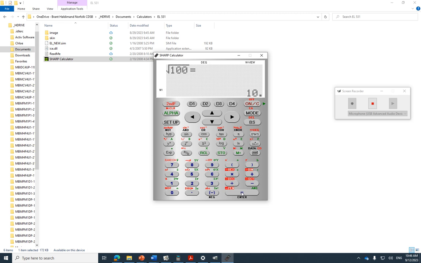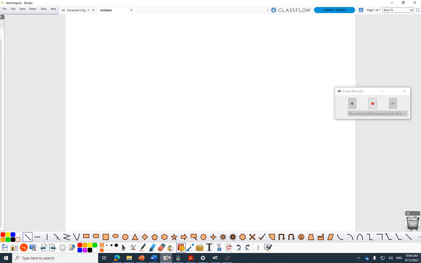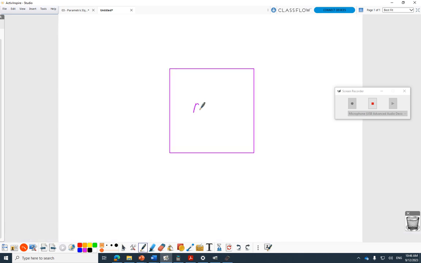You're literally finding the square root. Hold on. When I say square root, I mean square root. Here's the question I just did. I need a square. This is a square. Area equals 100. What's the side length if the area is 100? 10.